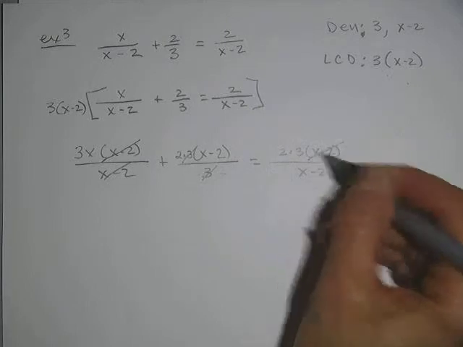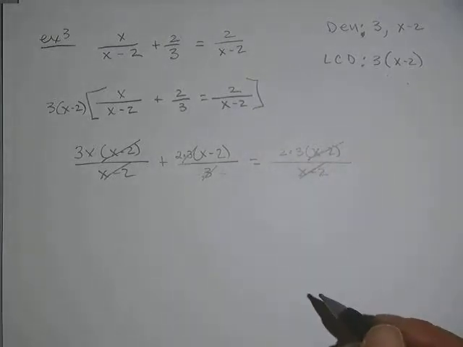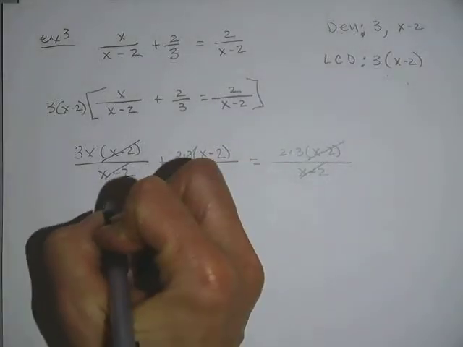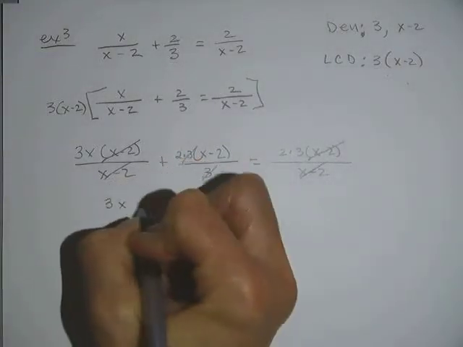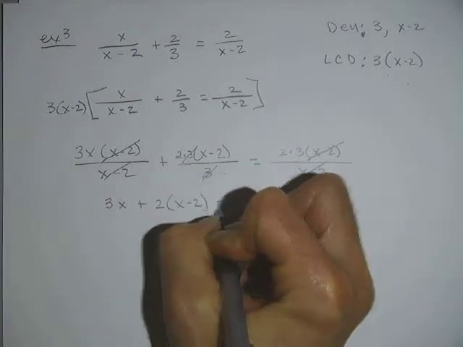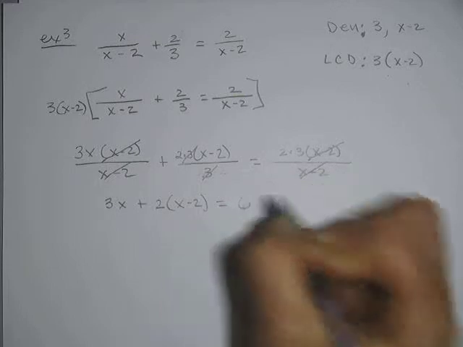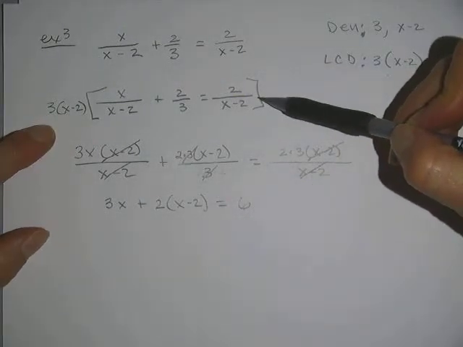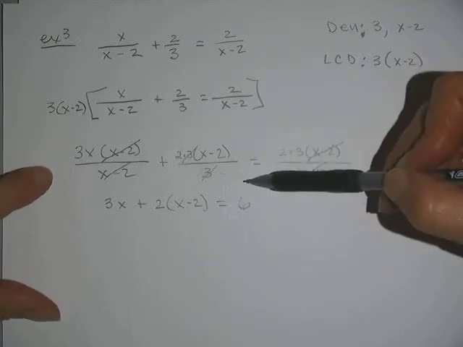And in the last one, the x minus 2's. So let's get rid of them, because you want all the denominators to go away, because they all can cross out. So we end up with 3x plus 2 times x minus 2 equals 6.